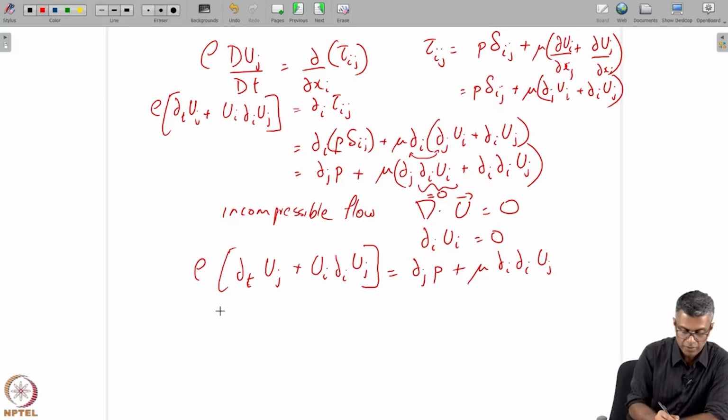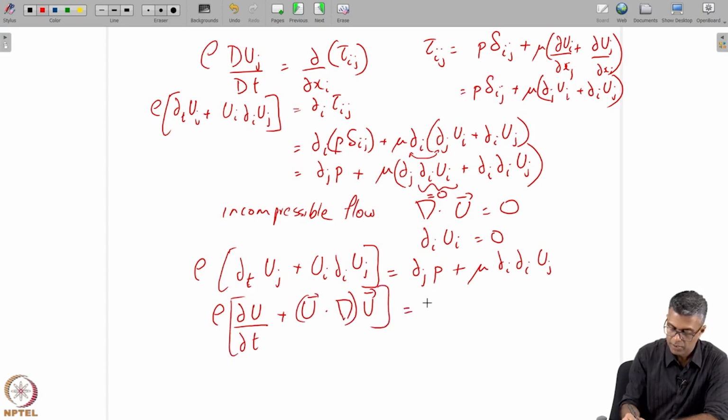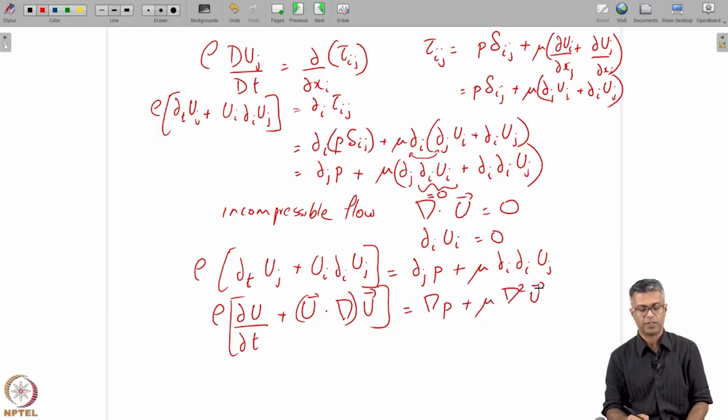In vector notation, this becomes rho times del u del t plus u dot del u, u is a vector here, equals minus del p plus mu del squared u, u being a vector.